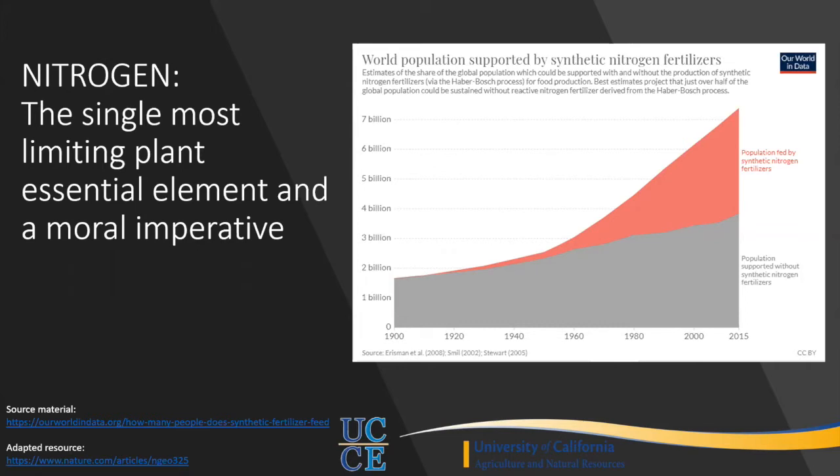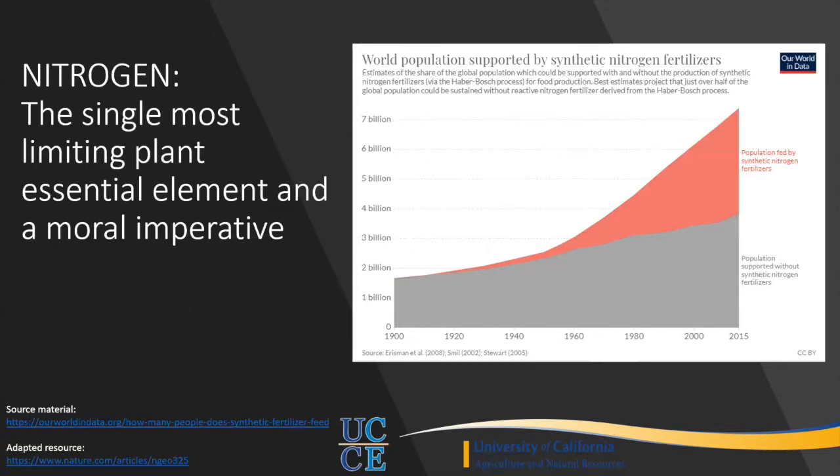To begin with, nitrogen is the single most limiting plant essential element worldwide, and that goes for natural ecosystems as well as agricultural production systems. Plants, as you might know, require 17 essential elements. These are elements that the plant needs in order to grow, function, and reproduce properly.